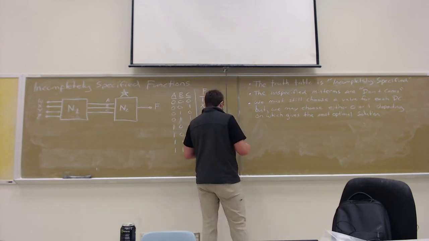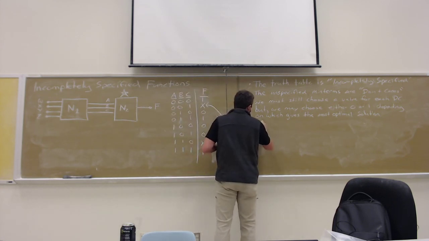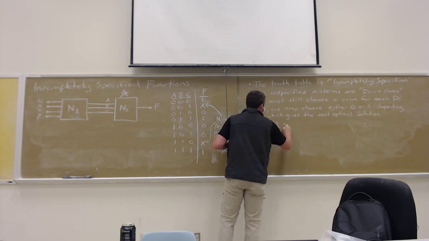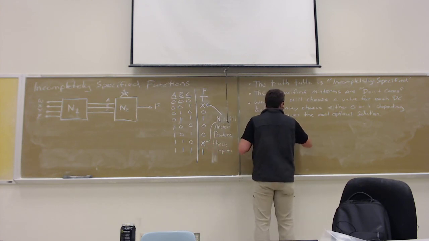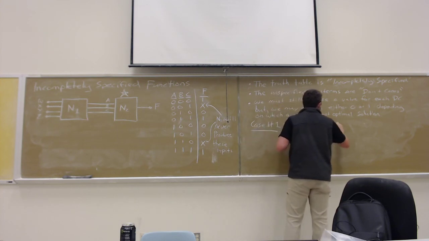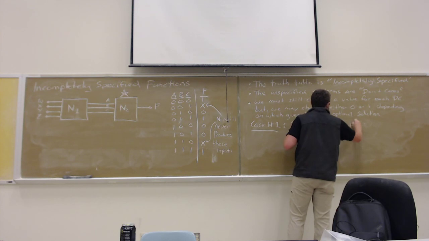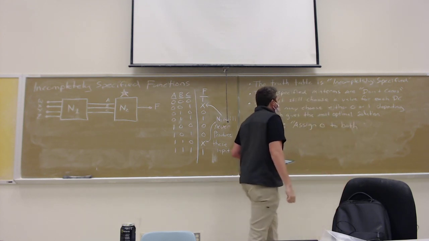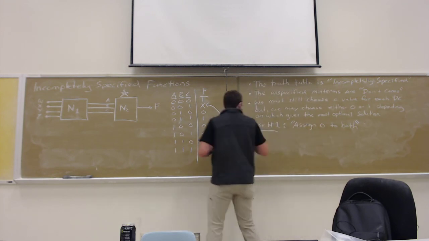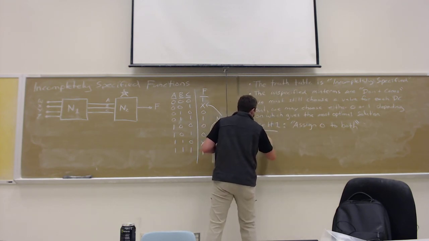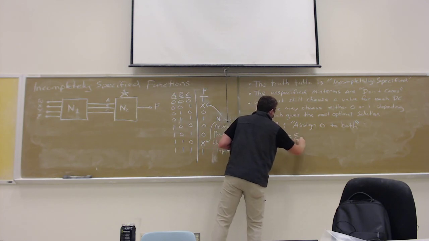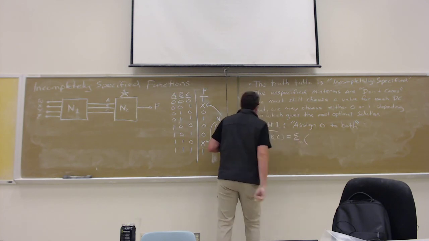So let's take a look at a few cases. Well, this first one is 1. And let's say I assign 0 to both. So we're going to say, all right, both of them are zeros. So then f is a function of a, b, and c is equal to the sum of minterms.